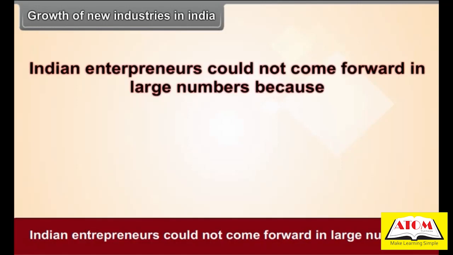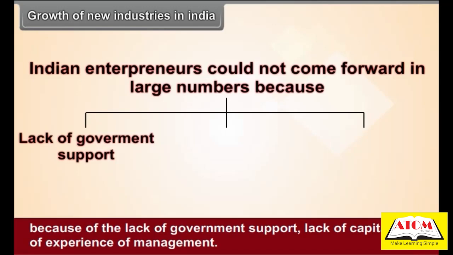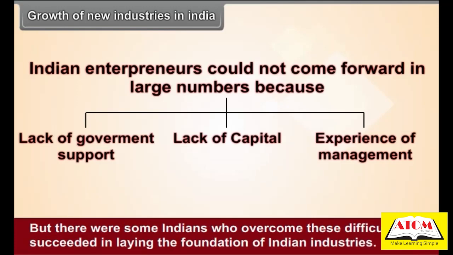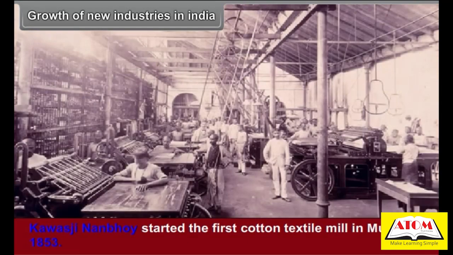Indian entrepreneurs could not come forward in large numbers because of the lack of government support, lack of capital, and of experience of management. But there were some Indians who overcame these difficulties and succeeded in laying the foundation of Indian industries. Gawasji Nanabhoy started the first cotton textile mill in Mumbai in 1853.